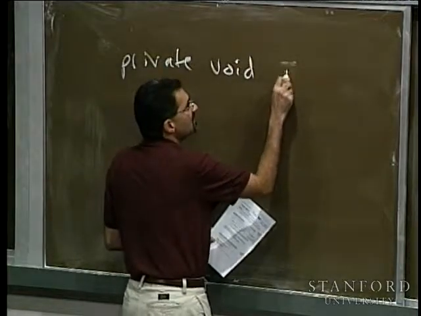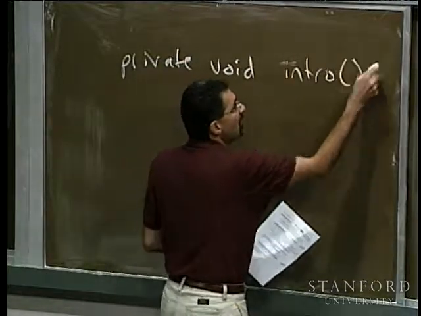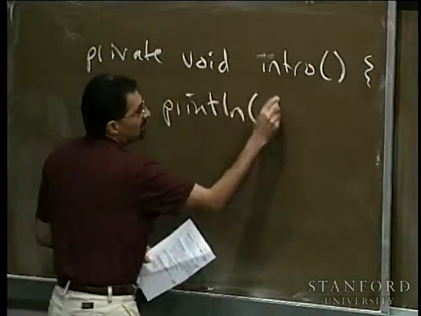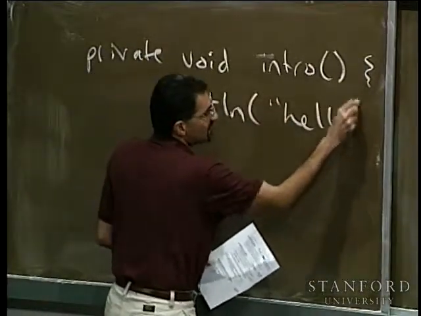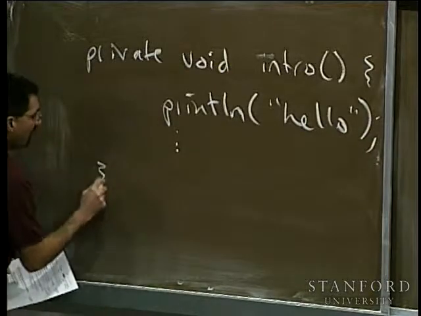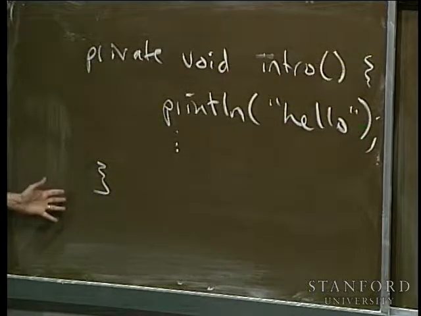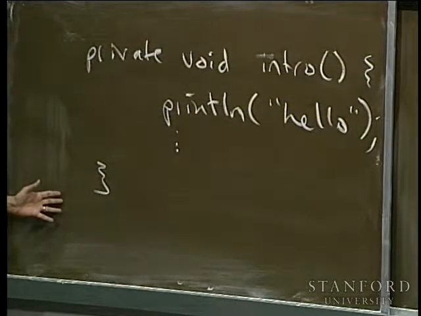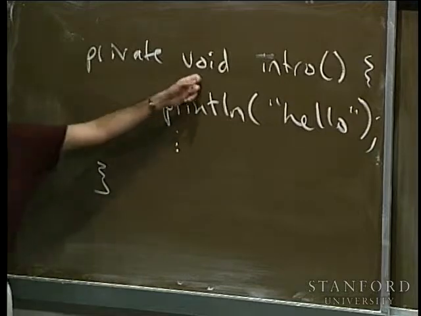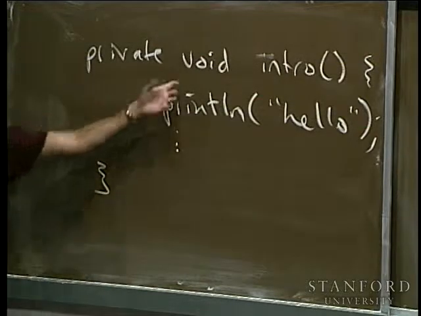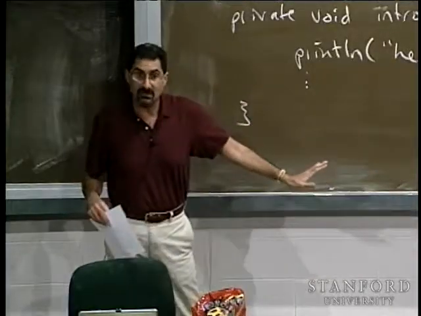And we might call this, for example, something like intro if we want to just have it write out some hello to the user, or it explains how the program works or whatever. And then we have the end of the method. There is not necessarily a return anywhere inside this method. Just like you did with Carol. When you were writing methods in Carol, you were writing methods that didn't return anything, and you never had to worry about return, and that's perfectly fine.